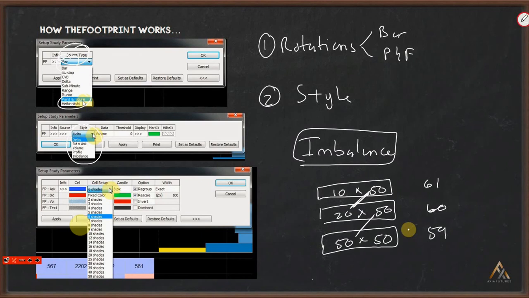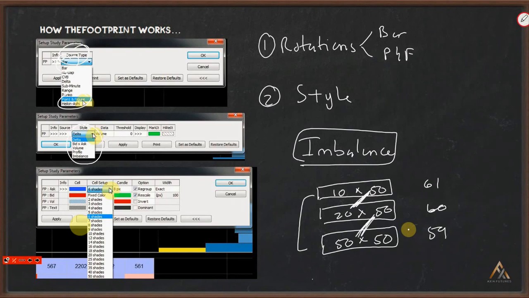If there is an imbalance, it will highlight it in a specific color. It will look very similar to the first one I showed you, the bid times ask, except you can set it in such a way that when there is an imbalance that you think is relatively big, it will highlight it for you very nicely with some color.